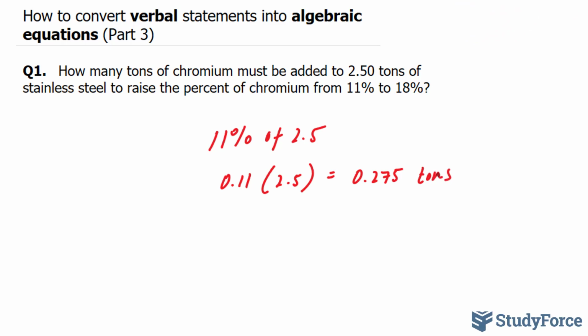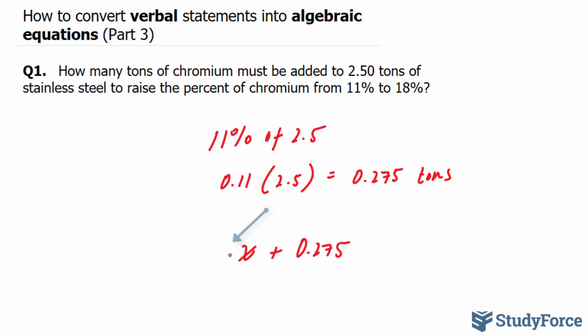We're asked how much more should be added to 2.5 so that this goes from 11% to 18%. And to do this, we'll write down x plus 0.275, which is the amount of chromium originally, while this x represents the amount of pure chromium added, and it has a concentration of 100%, hence the 1 coefficient which is not shown.